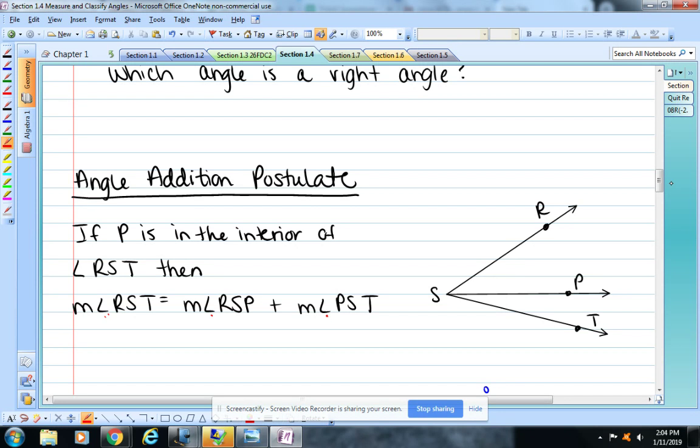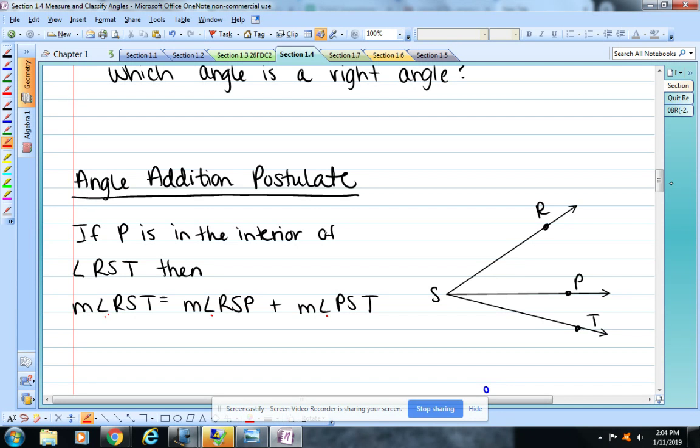Now, they're not two equal parts, are they? No, you can't assume that they're two equal parts. So, we have one large angle that's divided into two smaller angles. So, the large angle is angle RST. And it is broken up into angle RSP and angle PST.